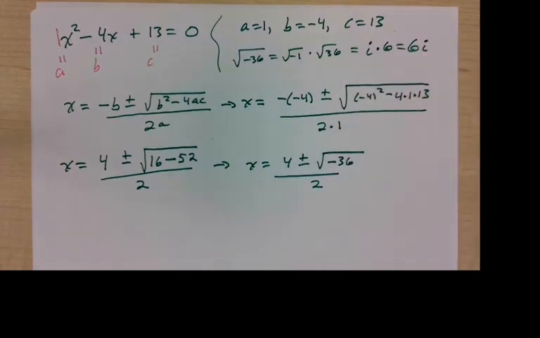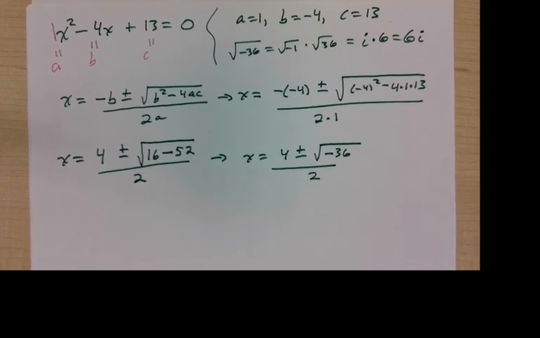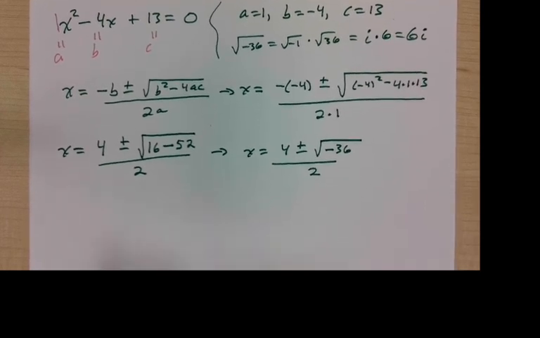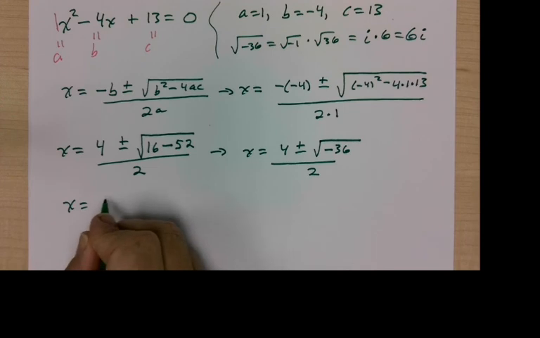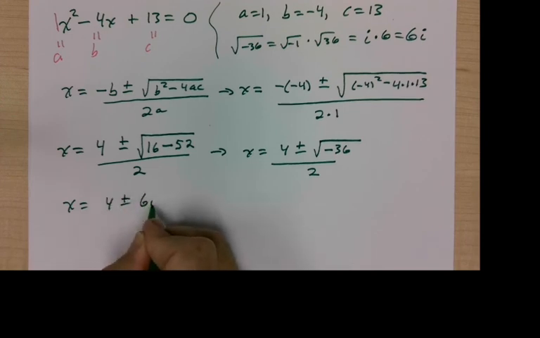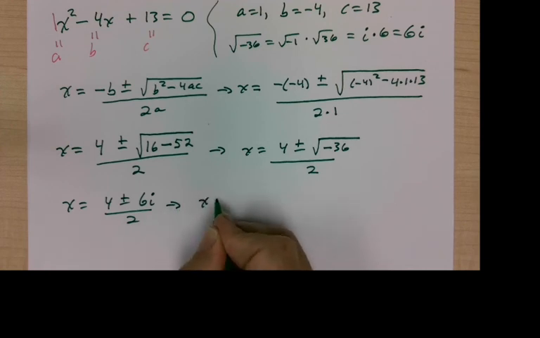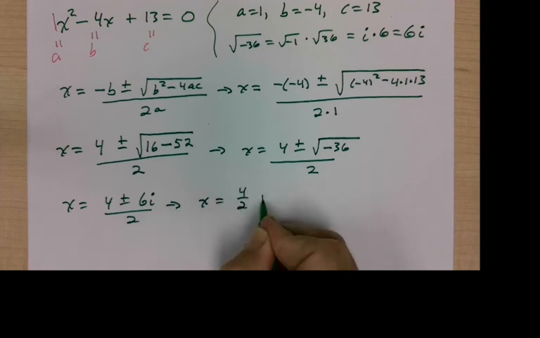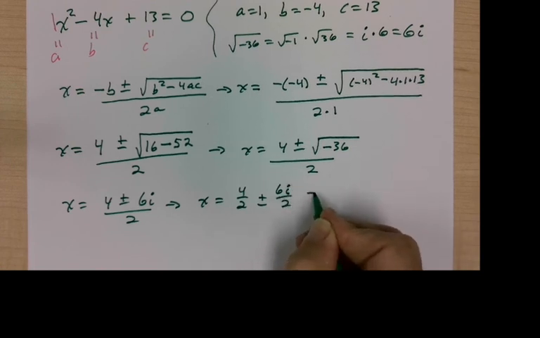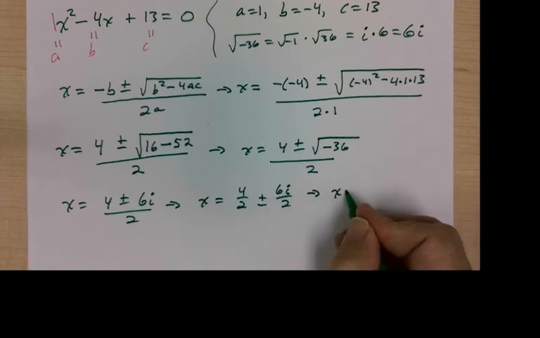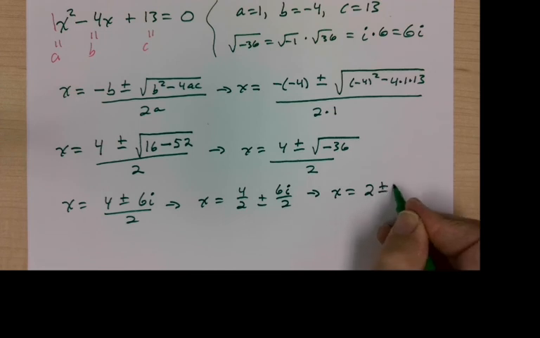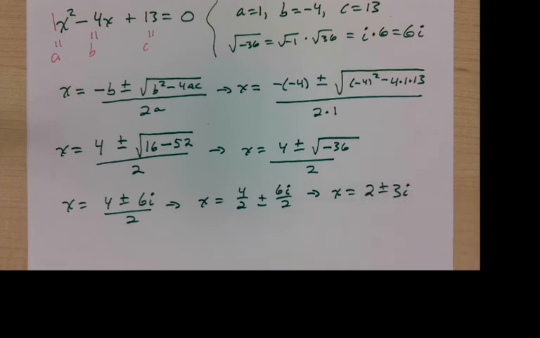So we get x is 4 plus or minus 6i over 2, which tells me x is 4 over 2 plus or minus 6i over 2, which tells me x is 2 plus or minus 3i.